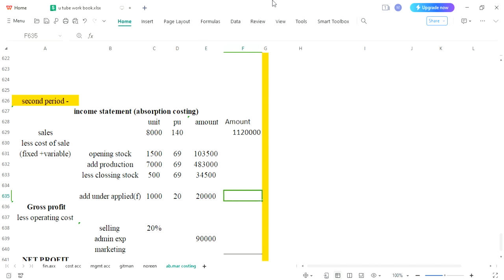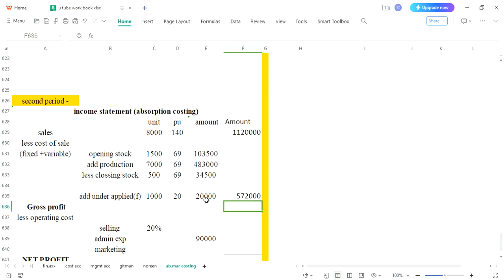It's time to calculate our cost of sales. How? Please focus upon these signs, add or less. First is your opening stock, and then you will add production, after which you will subtract, negative sign, closing stock 34,400 500, and then again you will add under applied production and amount is 20,000.